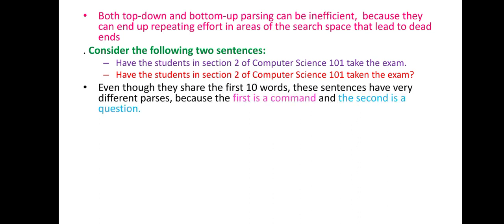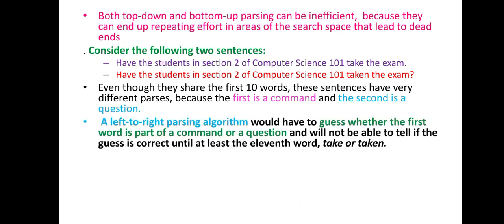The sentences have different structures because the first is a command and the second is a question, but we only know after the 10th word. After the 10th word we can identify whether it is a command or a question by identifying take or taken. So left-to-right parsing, the top-down approach, only identifies this after reaching the 10th word. That is the problem.